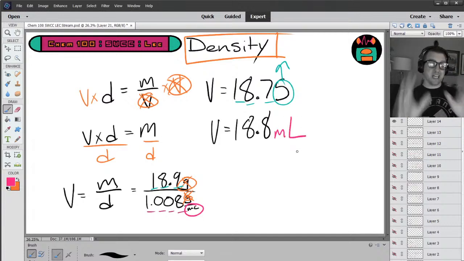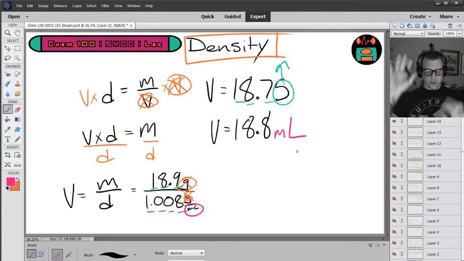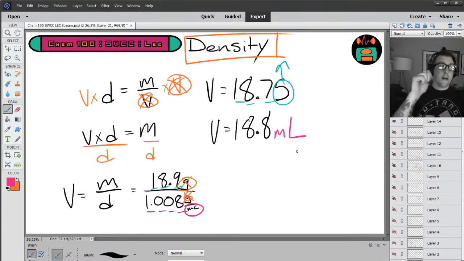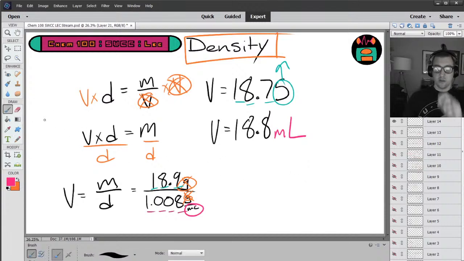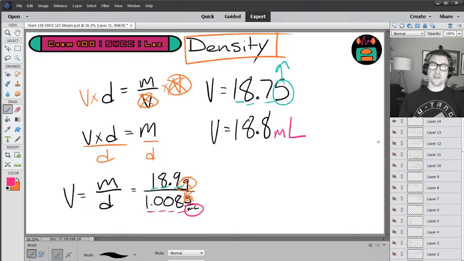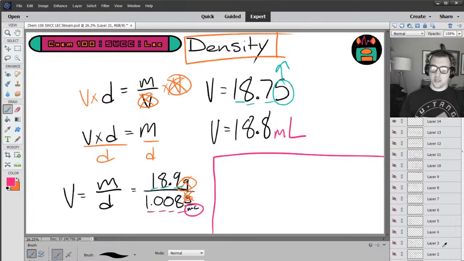Often students will just get a value and go, oh, liters are the correct unit. Slap liters on this thing. That'll get you the wrong answer, because we haven't found our volume in liters yet. The units we're dealing with are milliliters. So we need to do a unit conversion to convert 18.8 milliliters to liters.